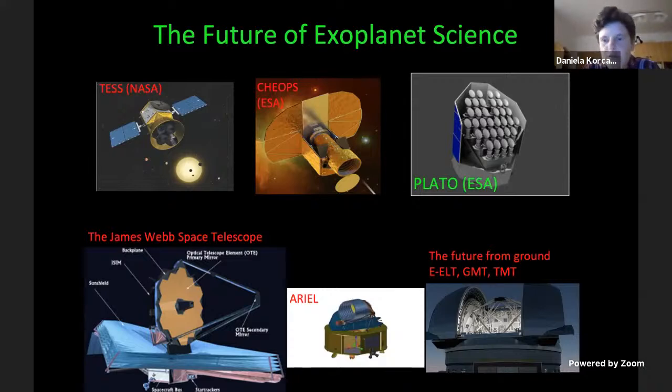For example, what I see at our university is that we now have a generation of students that grew up in the time of discoveries of exoplanets. And they really would like to work in this field.